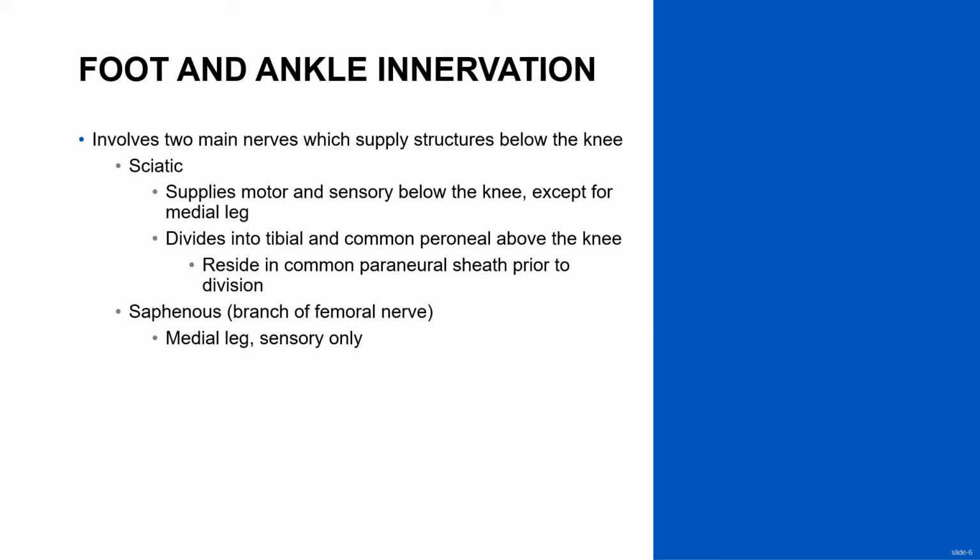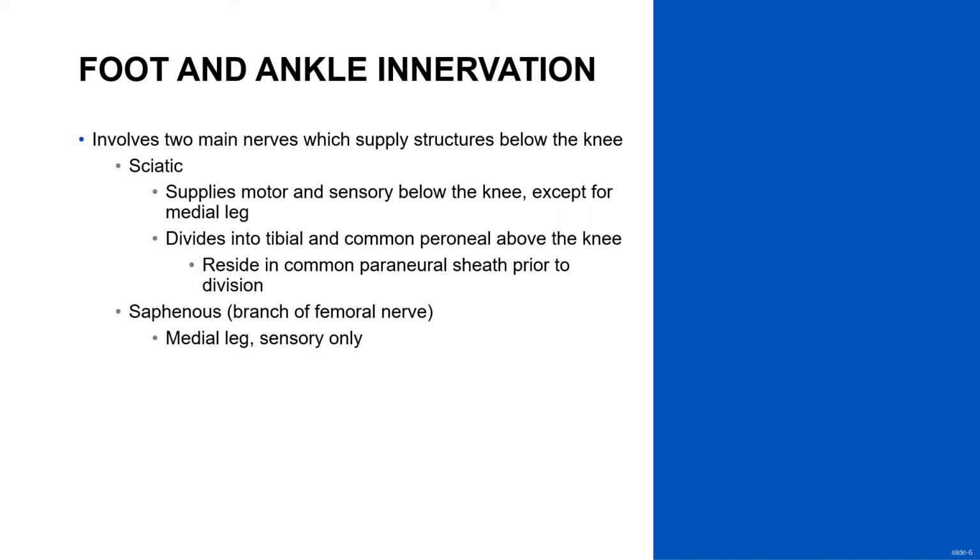For the best chance of success, the regional anesthesiologist must understand foot and ankle innervation. The foot and ankle is innervated by two main nerves. The sciatic nerve, which supplies motor and sensory below the knee except for the medial side of the leg. The sciatic itself divides into tibial and common peroneal components above the knee.